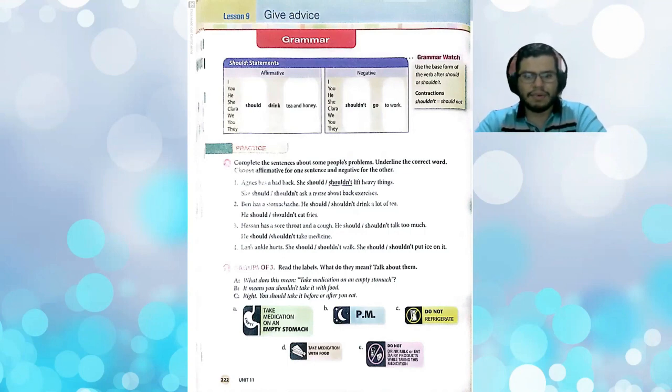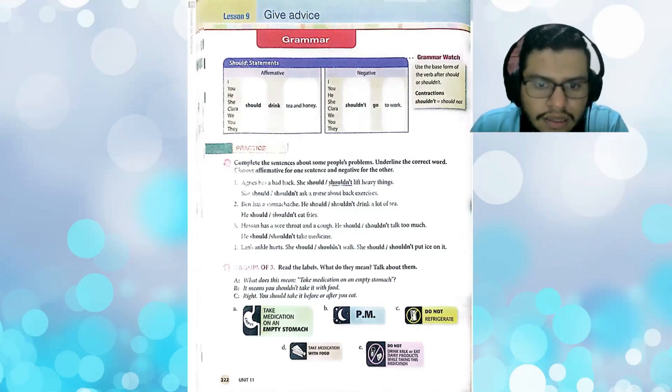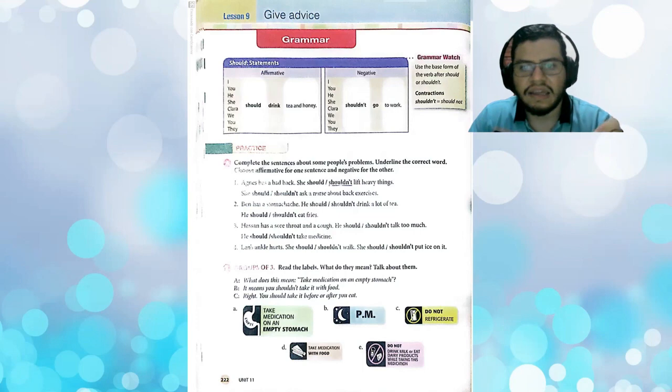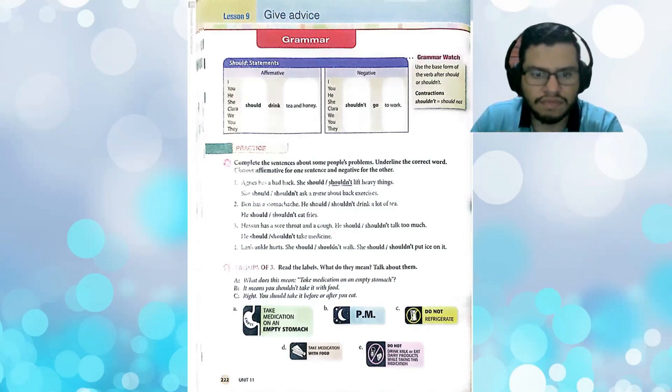Complete the sentences about some people's problems. Underline the correct word. Choose affirmative for one sentence and negative for the other. For example, Agnes has a bad back. She should or shouldn't? She shouldn't lift heavy things.